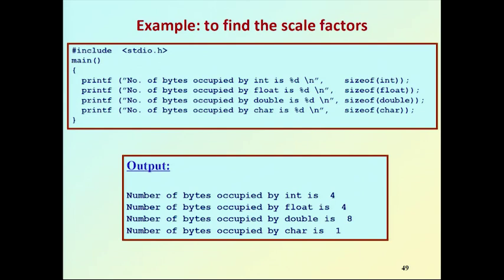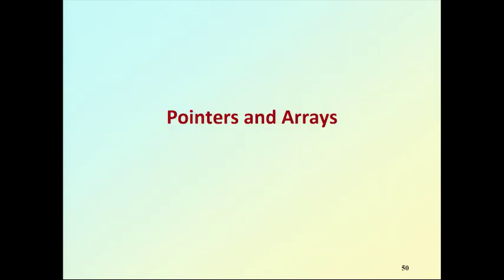So, to find the scale factor, in a main program you can print the number of bytes occupied by int with sizeof(int), sizeof(float), sizeof(double), and immediately you will get, say, 4, 4, 8, 1. So you can find out how many bytes are required for the integer, float and character types.